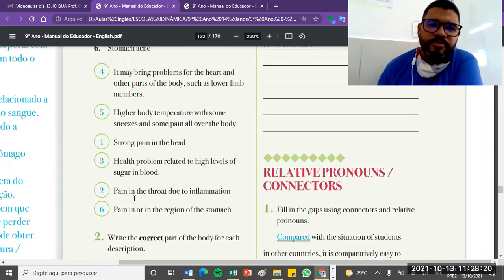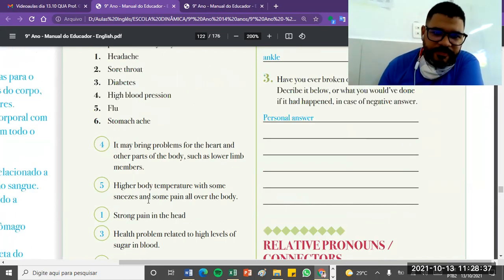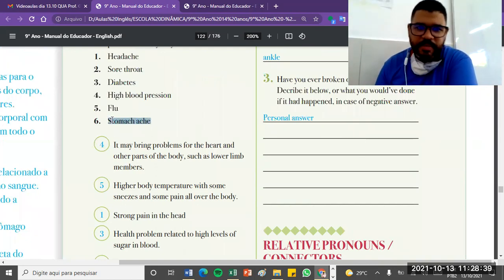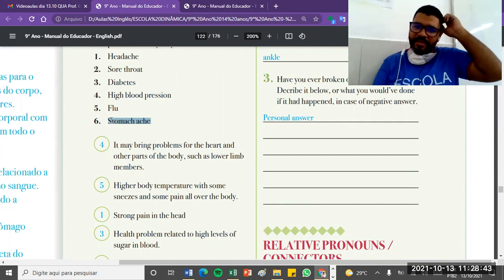Pain in the throat due to inflammation, so we can say sore throat or inflammation in the throat. 6, pain in the region of the stomach, so we say stomachache. Oh, my stomach is hurting, it's pain, all right?